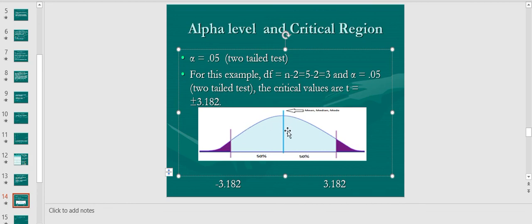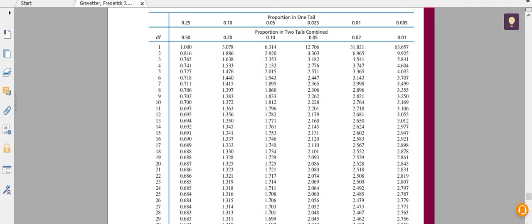Here, with the help of the normal distribution, we locate the critical region or the rejection region in the tails, and all the other region is the acceptance region for the null hypothesis. This value we selected from this table.